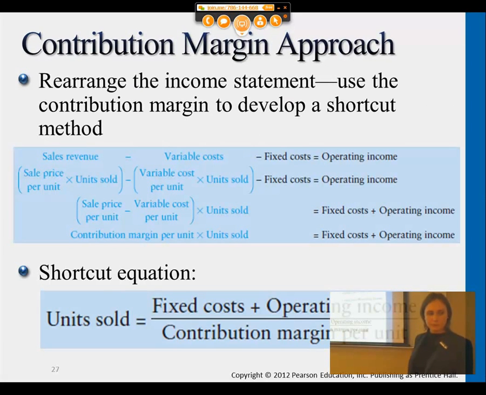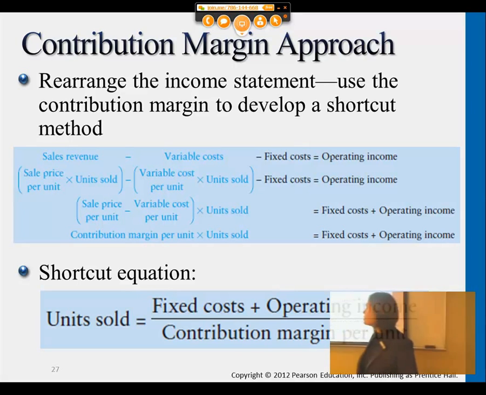No? Okay. Contribution margin per unit is the sales price minus the variable cost, but you don't have the units, right? When you say contribution margin per unit, it means per one unit.